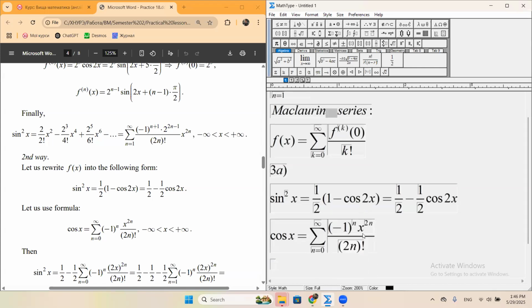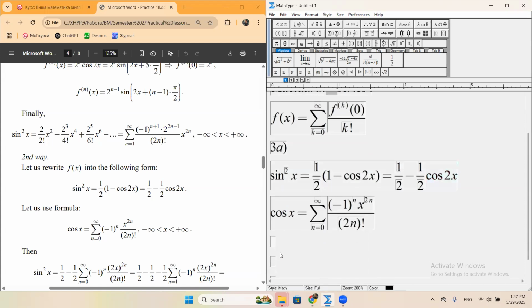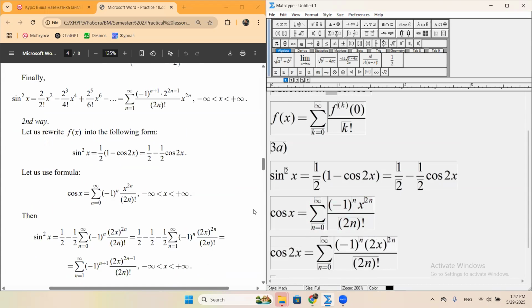And what are we going to do here? So cosine of 2x will be expanded in the following form. So we will just substitute 2x here, so 2x in power of 2n. So we will receive this expression.